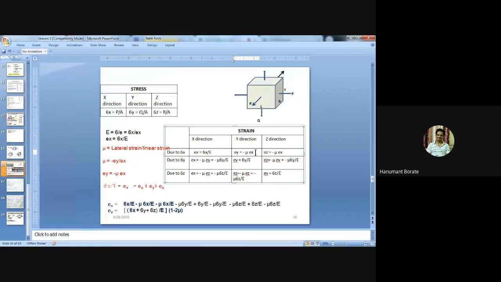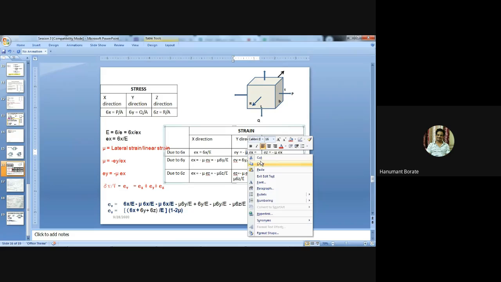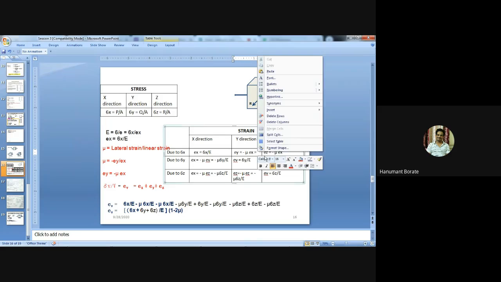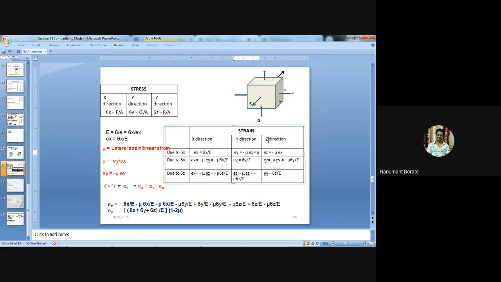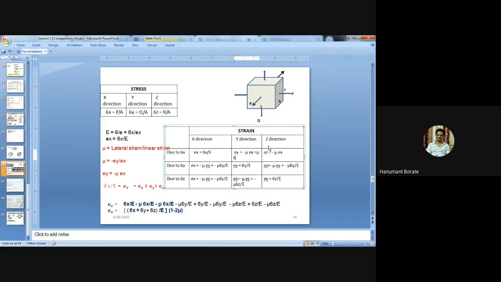Here we can write minus mu into sigma x by E, capital E.